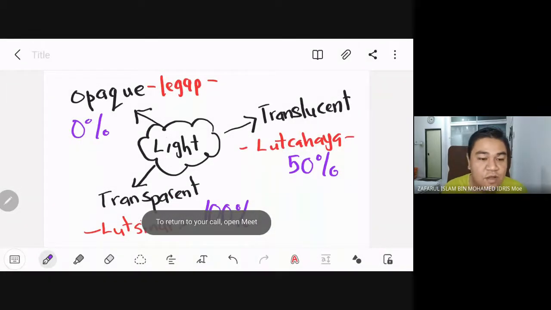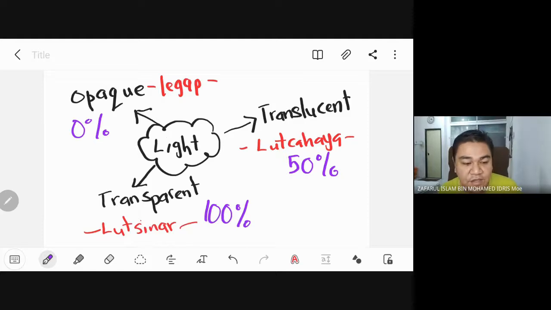So, transparent object allow 100% of the light to pass through it. Maknanya, dia membenarkan kesemua cahaya melaluinya, menembusinya.